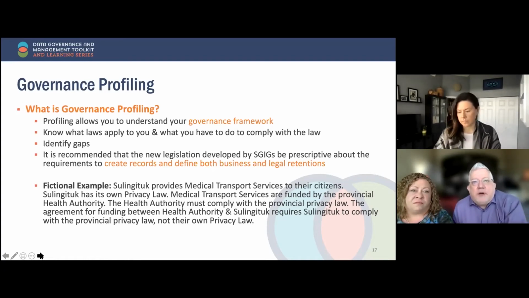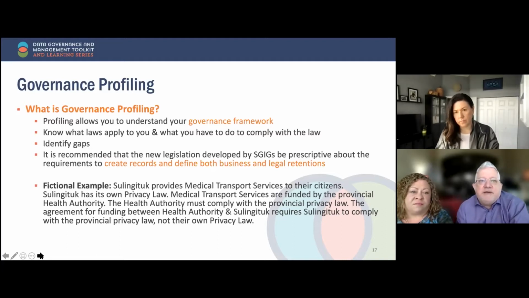There's a growing body of case law across the country where courts are being asked to determine what law applies: provincial law, territorial law, federal law, SGIG law. And the most common cases we're seeing are unjust dismissal cases from employment, workplace safety, and human rights. Addressing legal jurisdiction at the outset using profiling increases the SGIG's legal compliance and reduces the risk of errors and having to spend time and money.